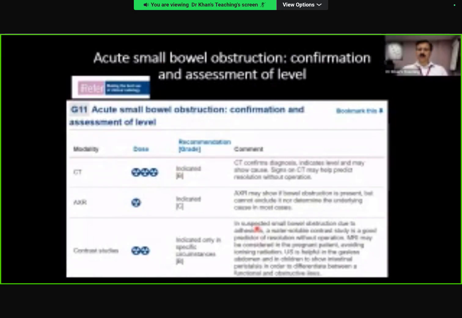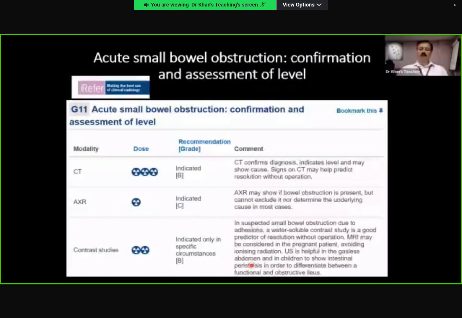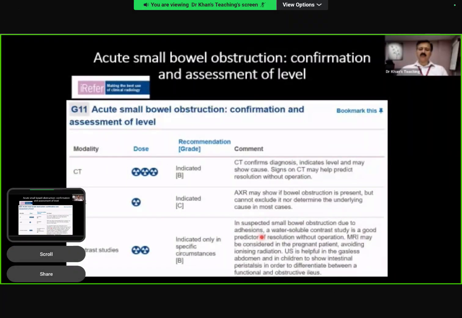Concept number one. Number two, 80% of them might resolve themselves. So there is a role of what we call monitoring the case. And for that, if you do a water-soluble study, gastrografin, if it passes through, then it means that there is no need of surgery.